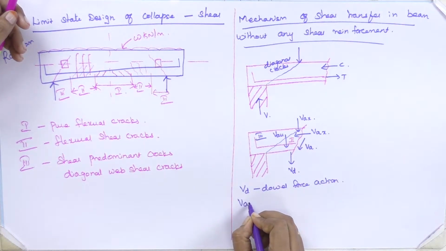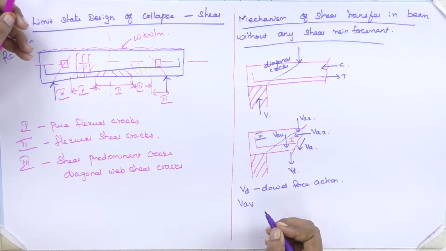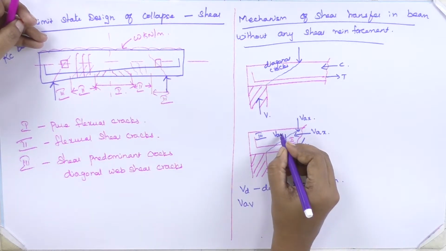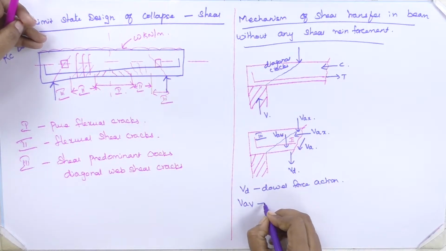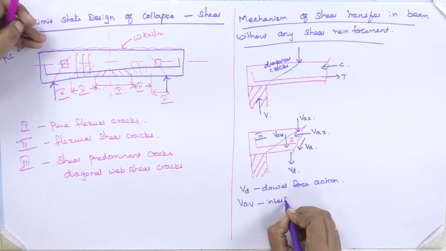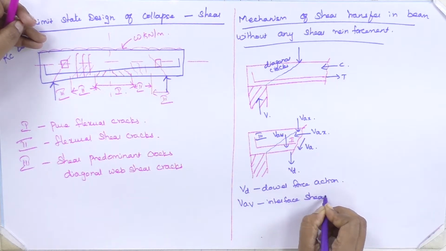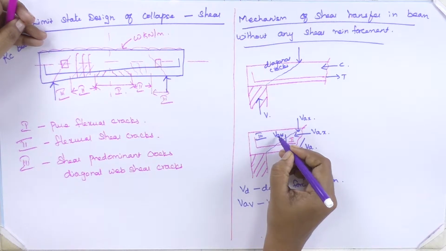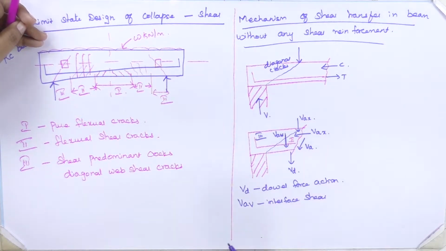Then VAV is nothing but interface shear. This is the shear predominant, this is the flexure predominant, this is somewhat like interface shear.